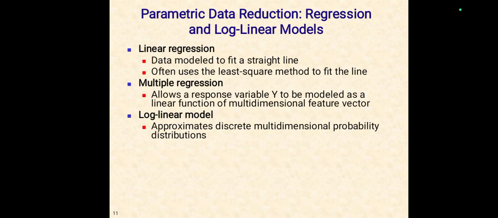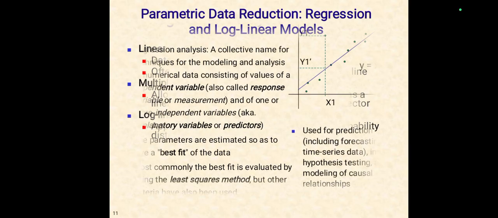Next, it's about parametric data reduction: regression and log linear models. These are other methods to reduce the data by applying linear regression to fit a straight line, or a multiple regression model. Log linear models approximate discrete multidimensional probability distributions.